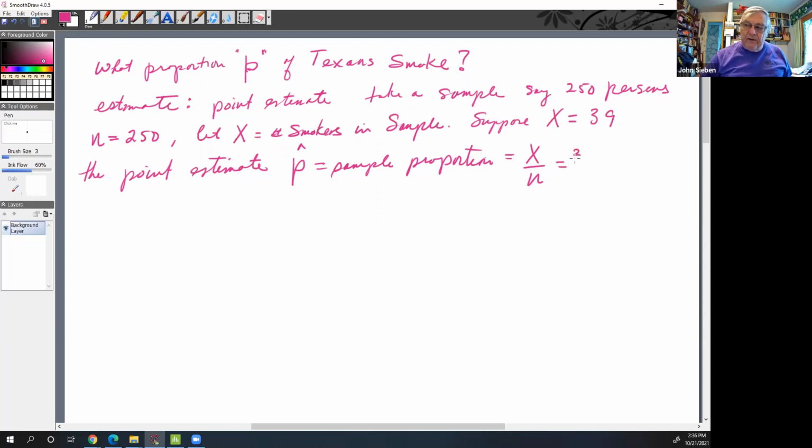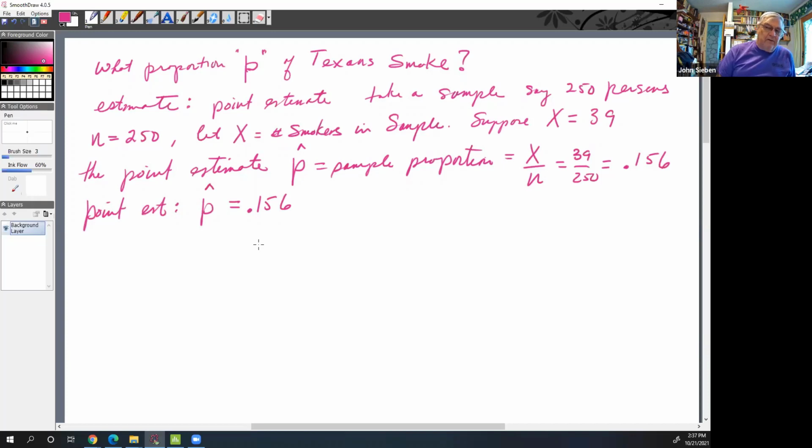In this case, this would be 39 over 250, which equals 0.156. So my point estimate, for which the symbol is P hat, is equal to 0.156.